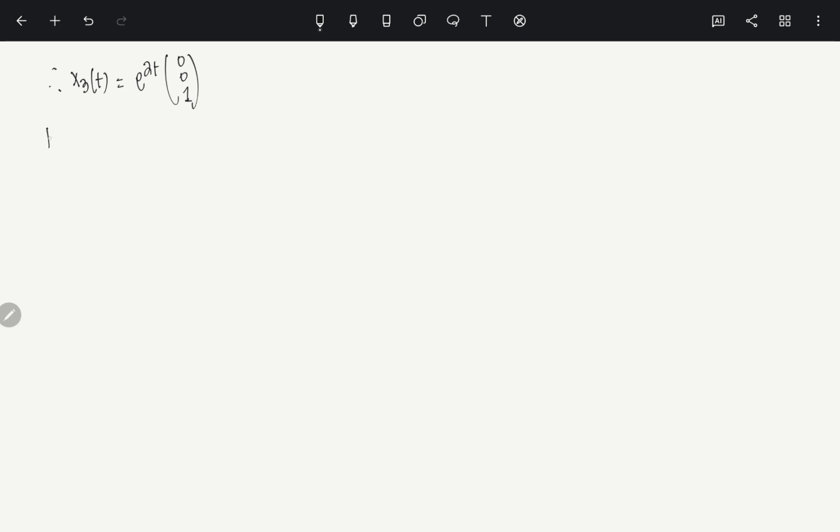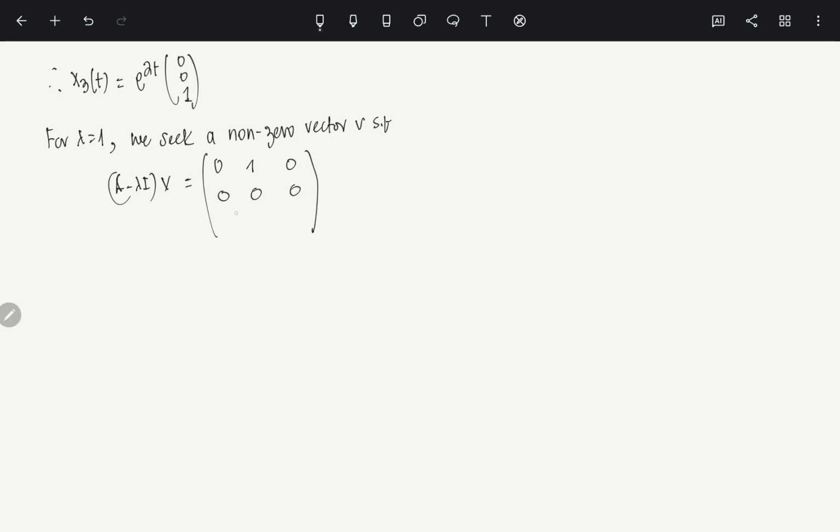Clear? Now we need to find the vector corresponding to lambda equals 1. So for lambda equals 1, we seek a non-zero vector v such that (A minus lambda I) times v, where lambda is 1, that is the matrix [0 0 0; 1 0 0; 0 0 1] times (v1, v2, v3) equals (0, 0, 0).